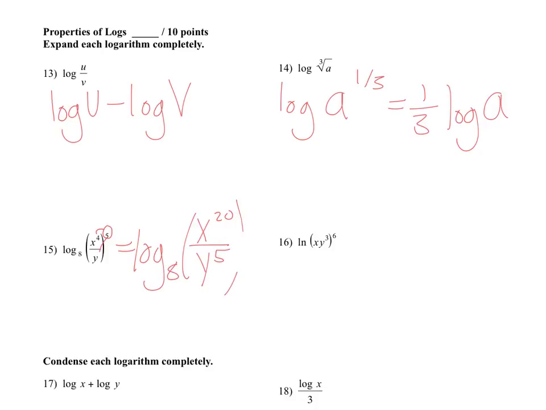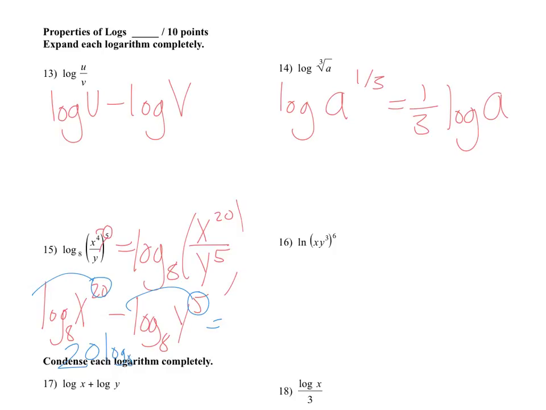And that's going to end up being log base 8 of x to the 20 minus log base 8 of y to the 5. I can bring those powers down, and we get 20 log base 8 of x minus 5 log base 8 of y. And we're done.